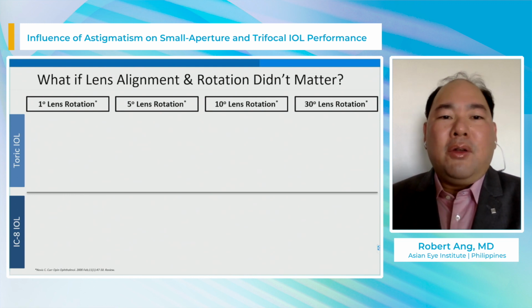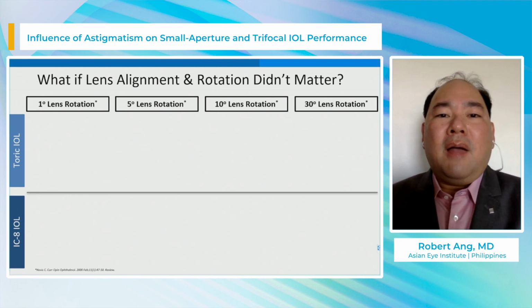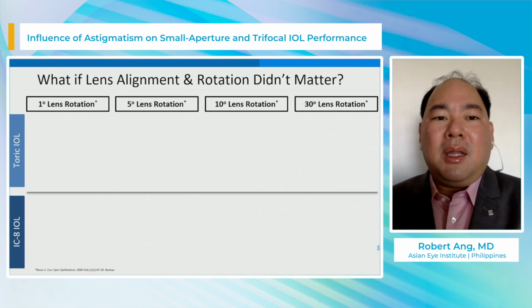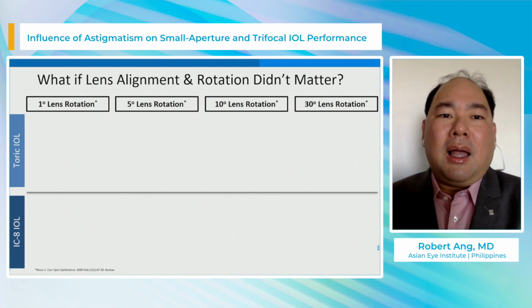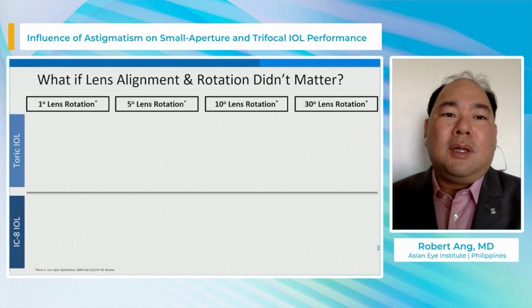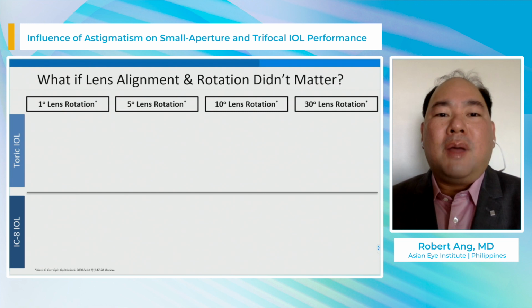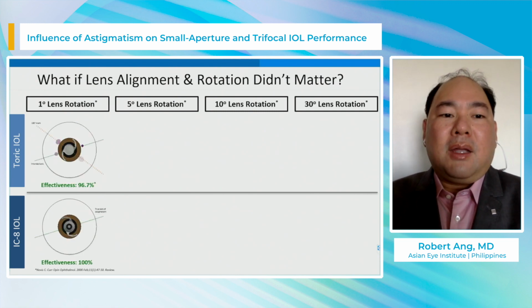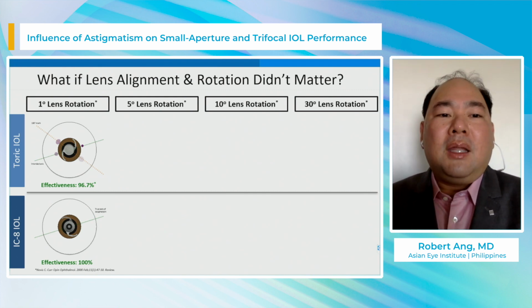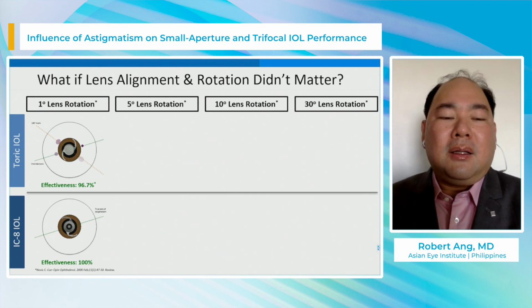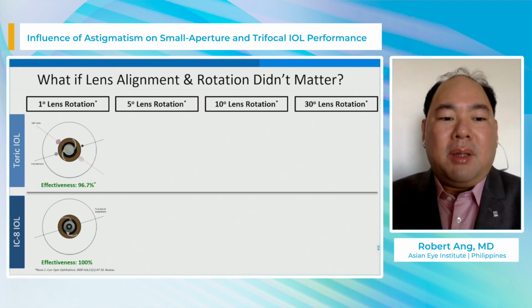Now, if you recommend a toric IOL, you have to make sure that you put the lens on axis, meaning after you compute the IOL axis alignment, you have to put the lens there, and you want to at least make sure that the lens that you choose does not rotate so much that it negates the cylinder correction. So in this slide, you can see that if there's a 1 degree rotation in a toric IOL, there's minimal change in effect and minimal change in vision.